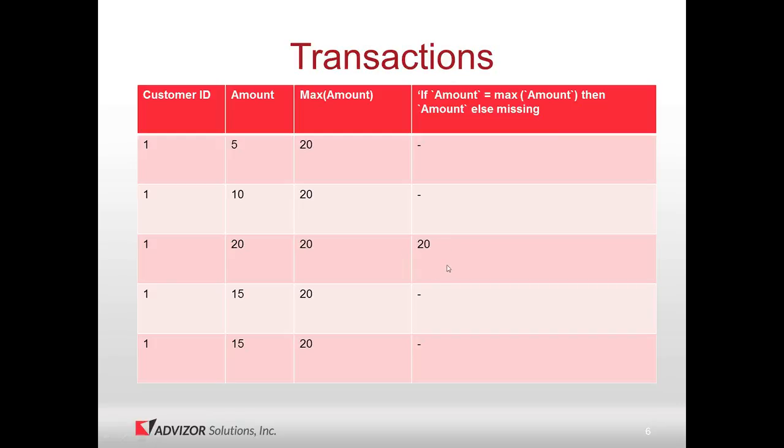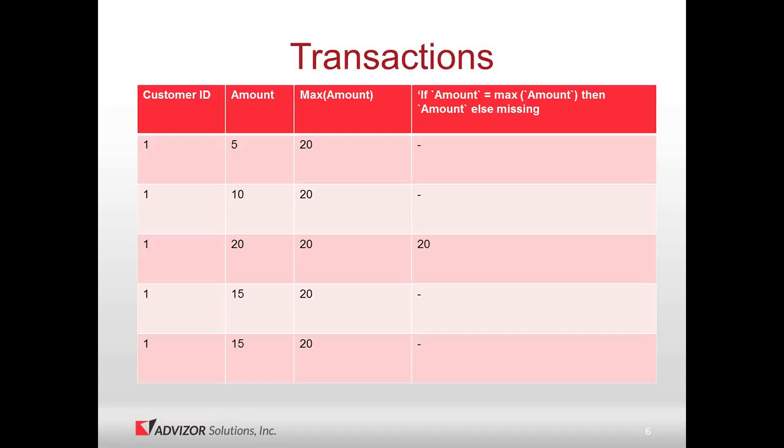Now, since any ignores the rows that have missing values, we can effectively eliminate all the other rows that we don't want to look at and only look at the value of 20.